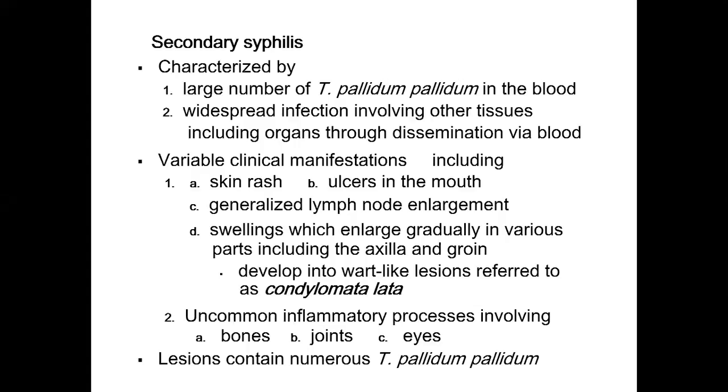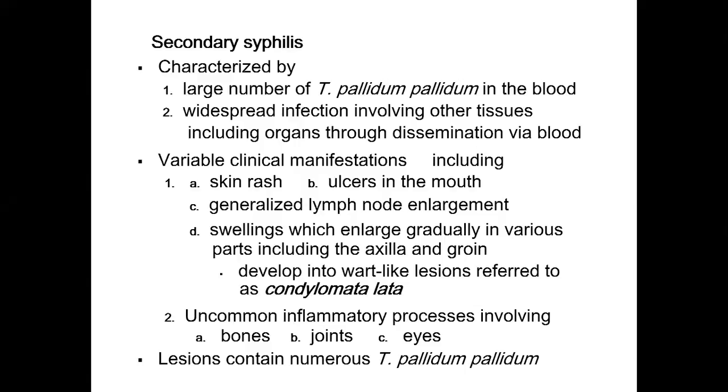So the manifestations of secondary syphilis are variable, and sometimes it can resemble other diseases. But among the manifestations, there can be a skin rash, there can be ulcers in the mouth, there can be a generalized lymph node enlargement, and there can be swellings which enlarge gradually in various parts, particularly in the axilla and the groin.